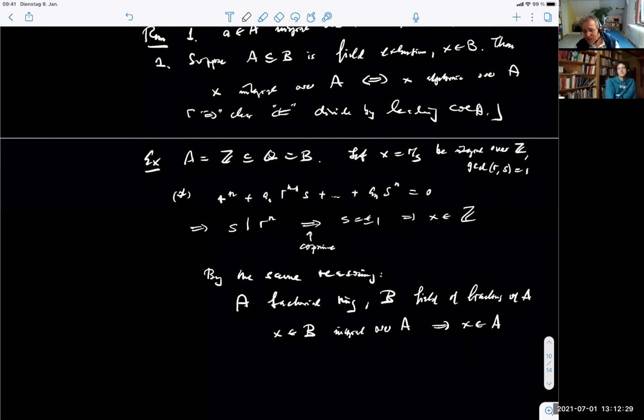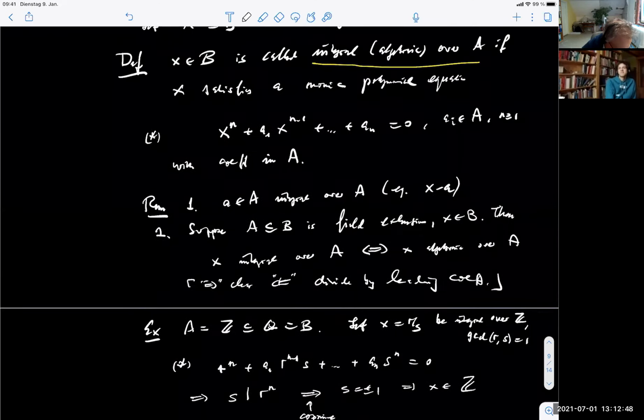I will prove this tower law, but not quantitatively. I want to show transitivity of integral extensions. But before doing so, I should define what an integral extension is. So let's go step by step.